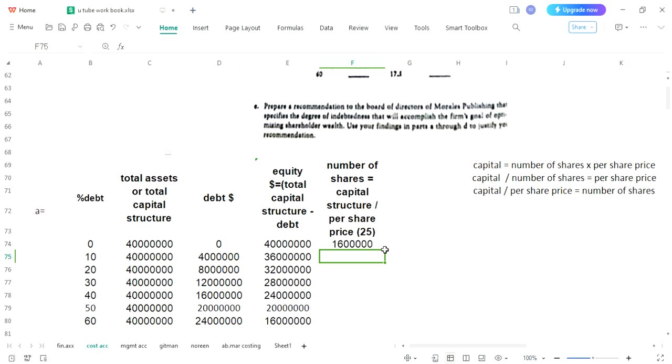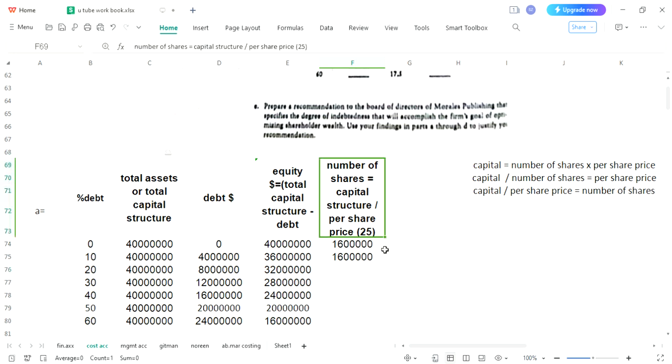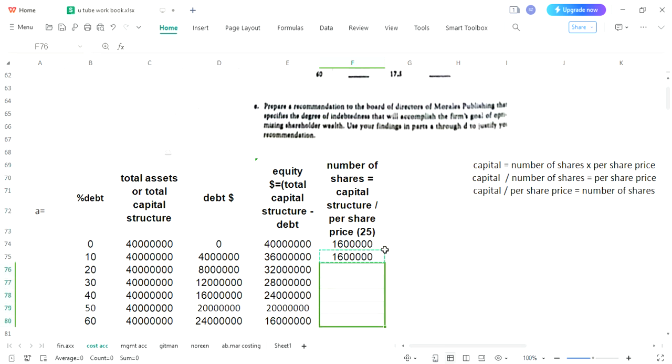First we have calculated. Secondly, 40 million would be divided by 25. Again we have our number of shares, and actually these number of shares would remain the same for capital structure.